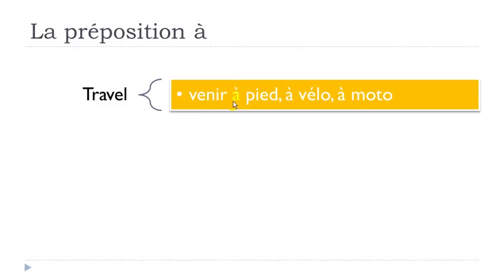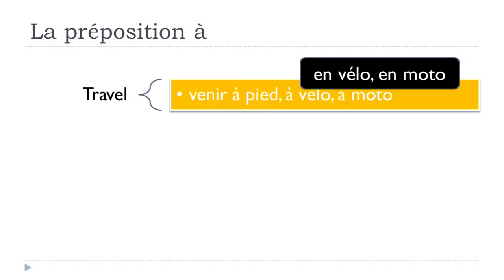So you should use this à preposition, but keep in mind that in many cases French people tend to use, when it comes to vélo, moto, well, you can hear quite many times this en instead of à.